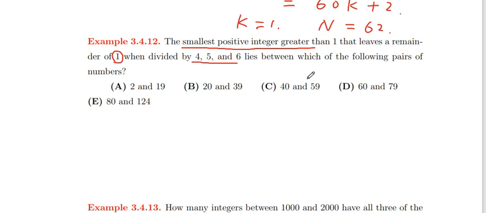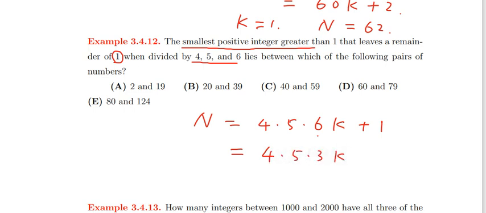So again, this number can be written as 4 times 5 times 6 k plus 1. But here we don't need to multiply 4, 5, and 6. Multiplying 4, 5, 3 will be enough, right? Why is 3 enough? Because we already multiplied 2 here.